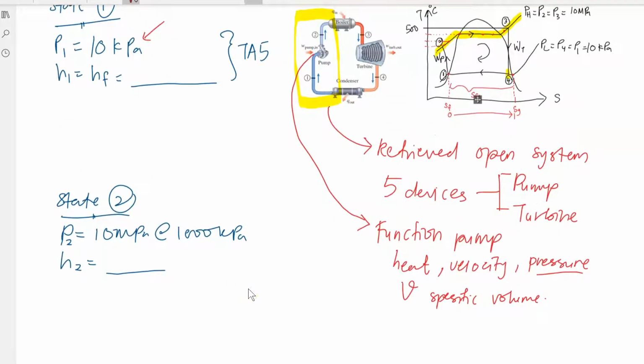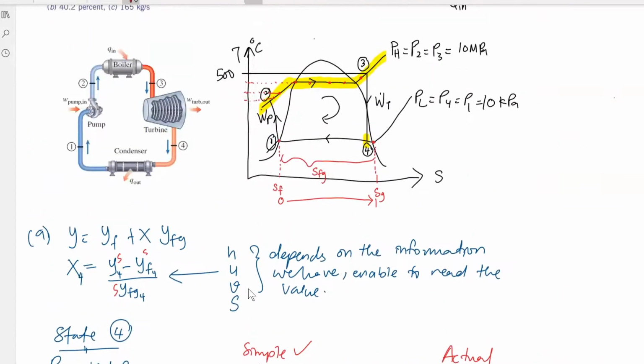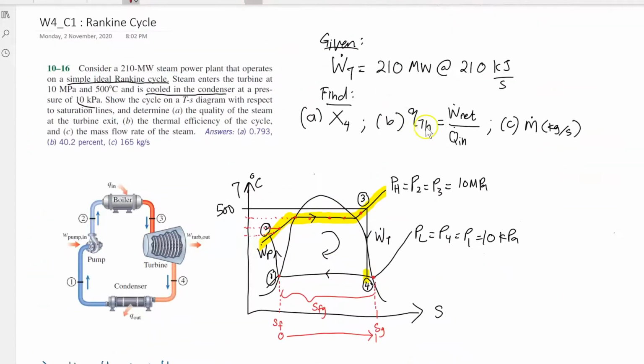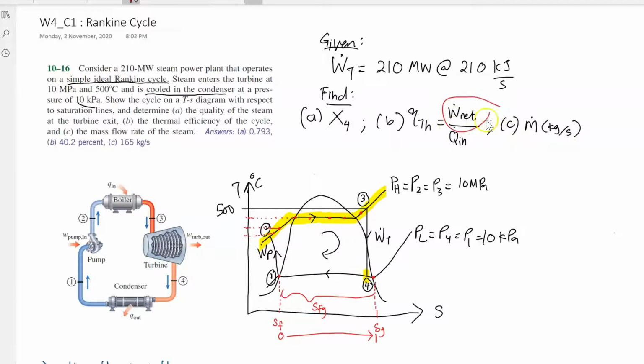Okay, so your mission is to find your thermal cycle efficiency, and the mathematical expression is between W dot net and Q in. Your W dot net here consists of work of your turbine minus work of your pump.